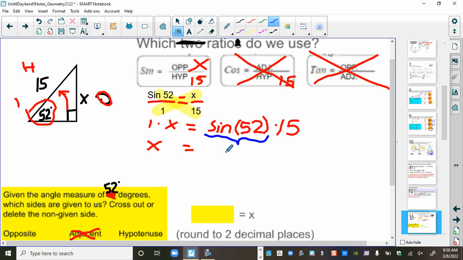All right, so the sine of 52 was what number again? 0.788. Good. So the sine of 52 becomes 0.7880, and then you're going to multiply that number by 15, and then you'll get your final answer. You can do that too.